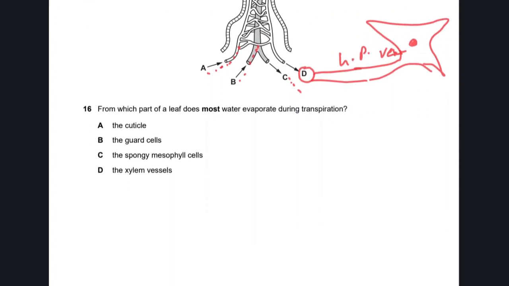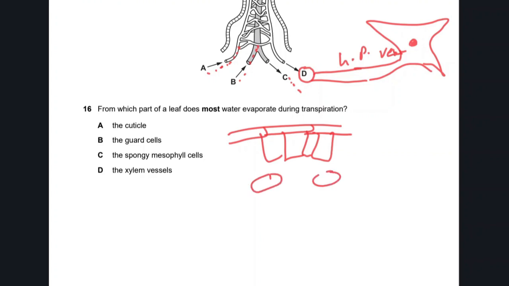From which part of the leaf does most water evaporate during transpiration? So when transpiration occurs, if we look at the structure of the leaf, we have the palisade, the spongy mesophyll, the guard cells, and then the lower epidermis.